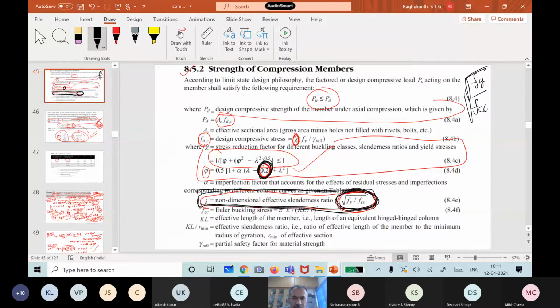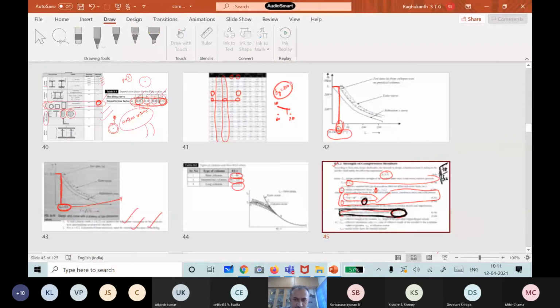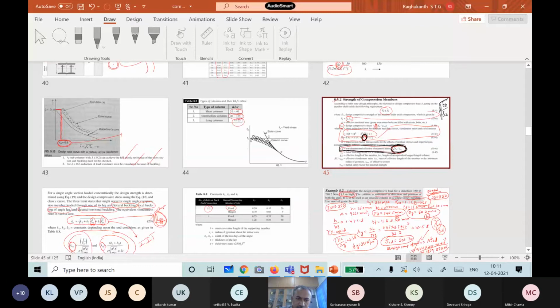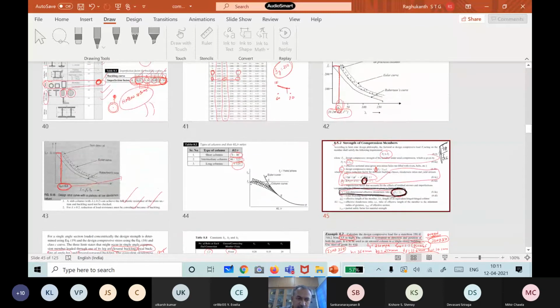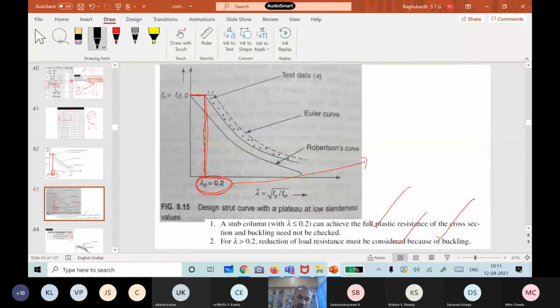You remember the compression member formula. What does 0.2 indicate? Now you have forgotten. You see this figure also. What does this point correspond to? Now what is this 0.2? You know?